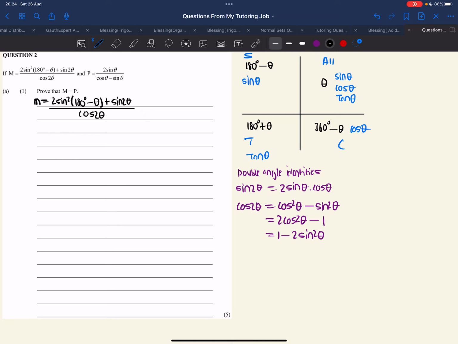To prove that m equals p, this is basically proving one side being equal to the other. To go from p, it would be hard for us to prove that p is equal to m, because we would need to do a whole lot of manipulation. So let's just go with m for now, seeing that it may be much easier for us to prove that m is equal to p.